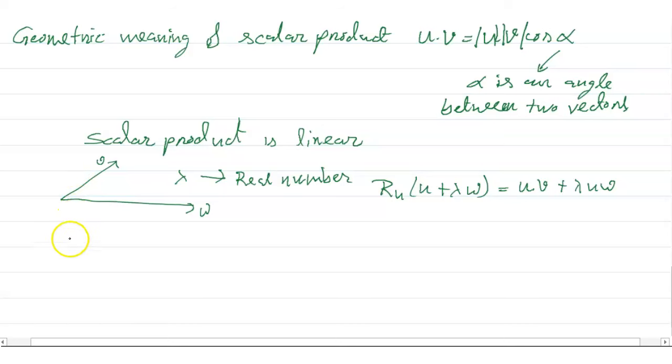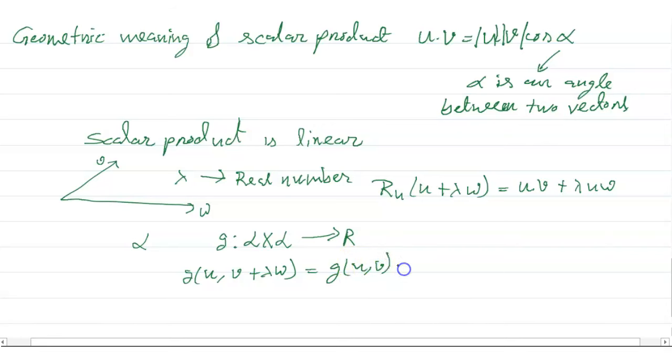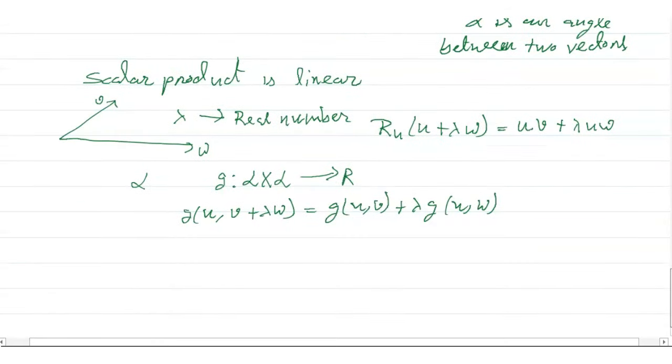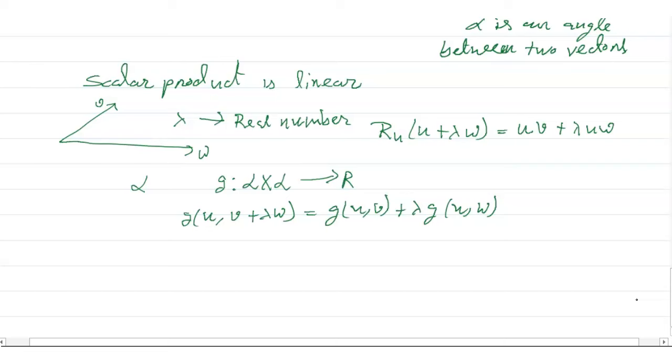And now consider I draw a vector space L, and G such that L cross L tends to R, and G(u, v plus lambda w) is equal to G(u, v) plus lambda G(u, w).